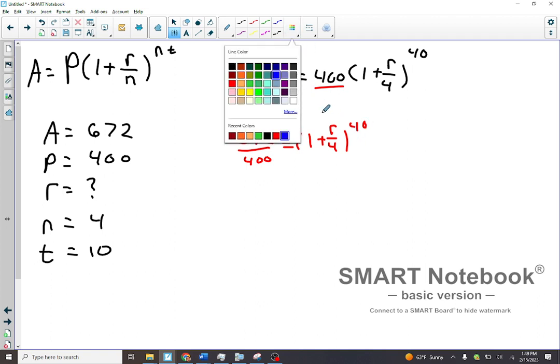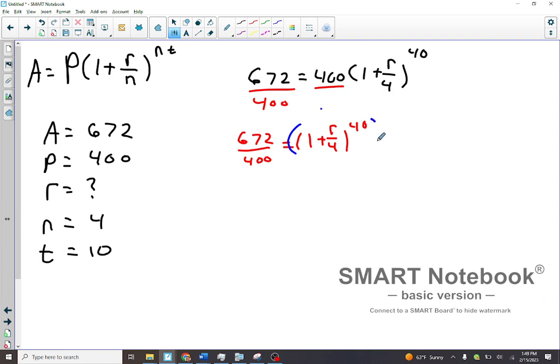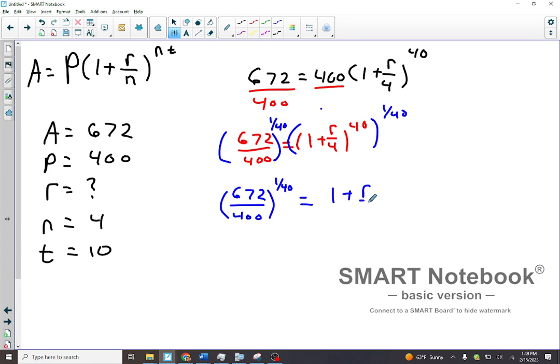Then I'm going to raise each side to the opposite of the 40th power, which is 1 over 40. So now I'm going to rewrite that as 672 over 400 to the 1 over 40 power equals 1 plus R divided by 4, because these cancel out. Then I'm going to subtract 1 on both sides.